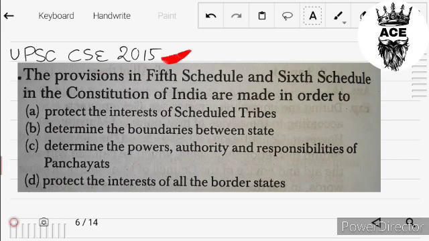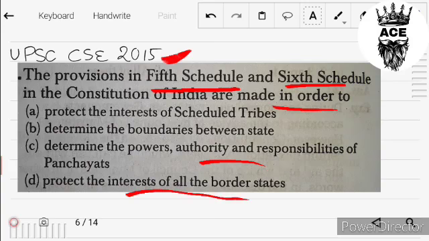So the first question. You will see that the things I have given you stay in your memory by solving these questions. The question is: the provisions in the 5th Schedule and the 6th Schedule of the Constitution of India are made in order to protect the interest of the Scheduled Tribes. Which of these determines the boundary between the states, the authority and the responsibility, and protects the interest?